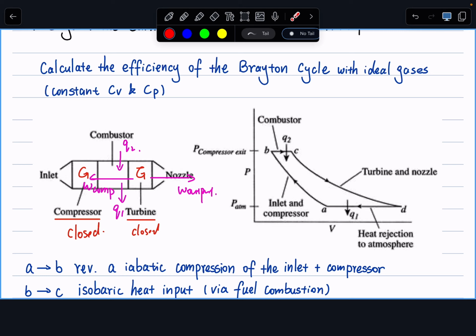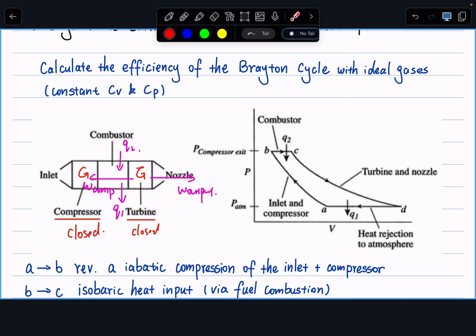So for the entire process, we're looking at our systems, the heat transfer into my system and the work done on the system. All right, so in here, what do we have? My Q total is effectively my Q1 plus Q2 because the other two are reversible adiabatic processes. So we have Q total equals Q1 plus Q2, and that is the heat into the system.